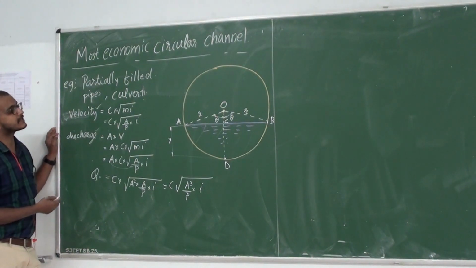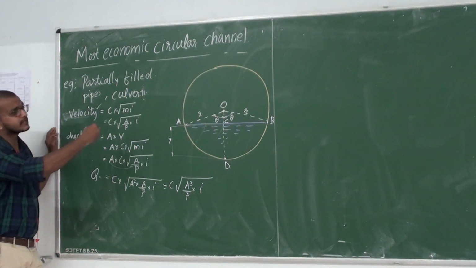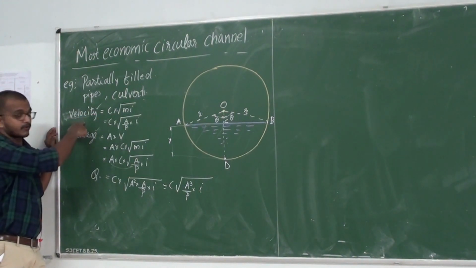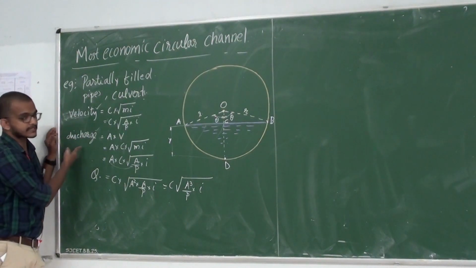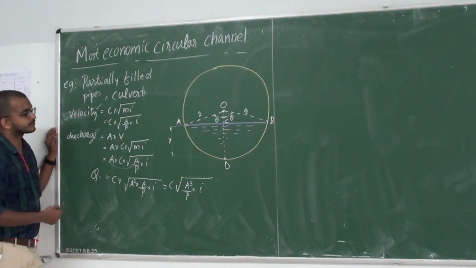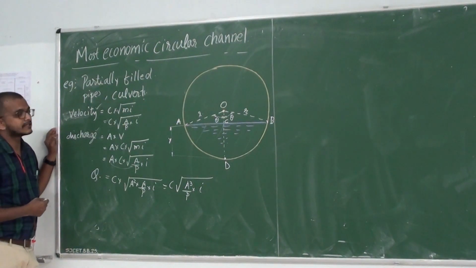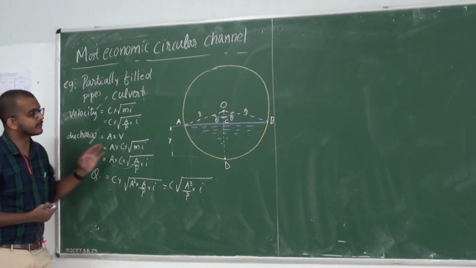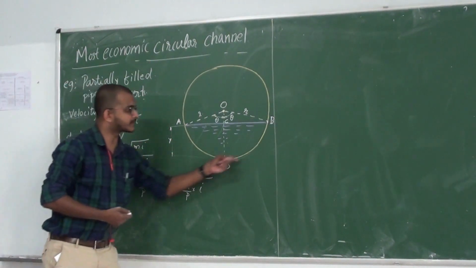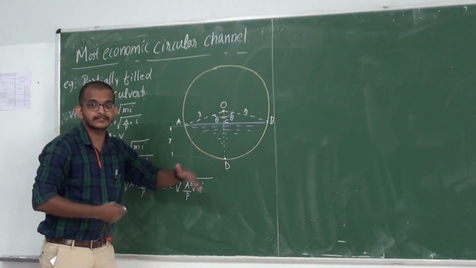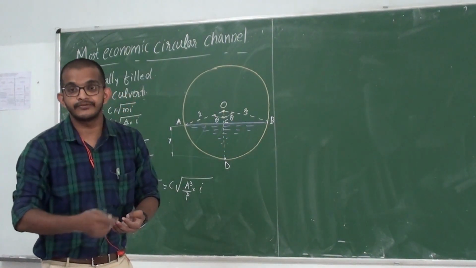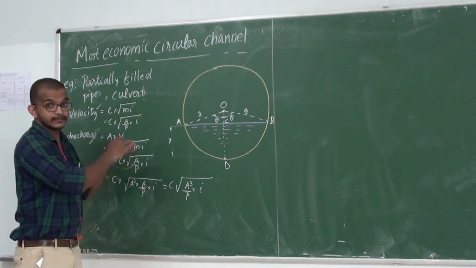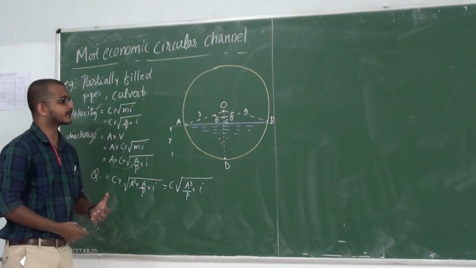Also, please note that the condition of area being constant cannot be applied here, because as the perimeter changes, the flow area also changes. But in a trapezoidal or rectangular channel, we can vary the perimeter keeping the area constant.